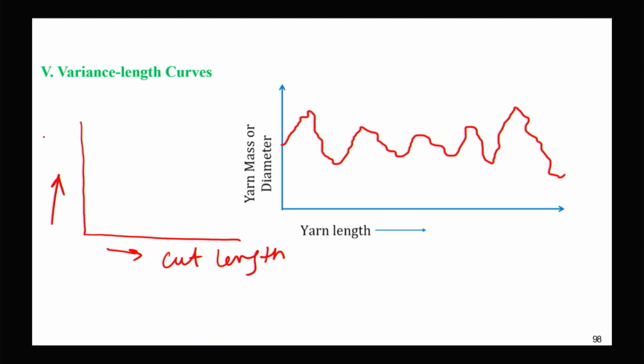So that's why it's between cut length, and in short it is termed as BL, and the shape of the curve is this. This is the shape of the BL curve.